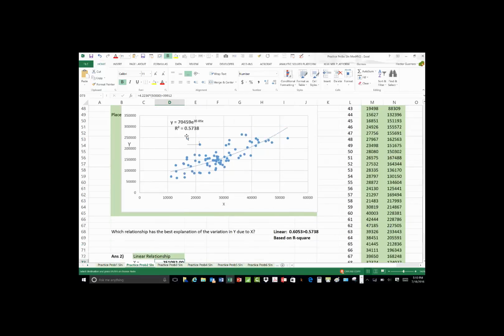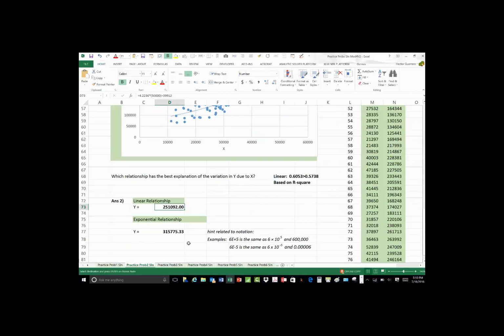In the case of the exponential, it's a little bit more difficult. We take the 70,000 that we got, and then we're going to raise e. EXP stands for e to the 0.00003 times 50,000 power.